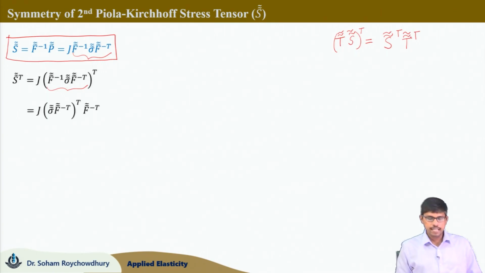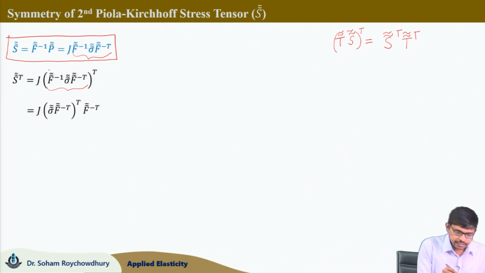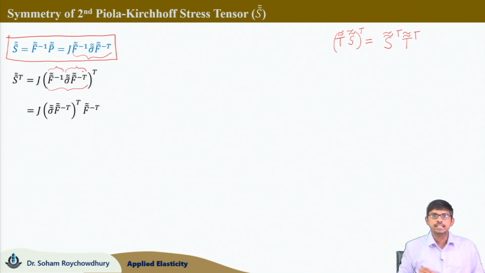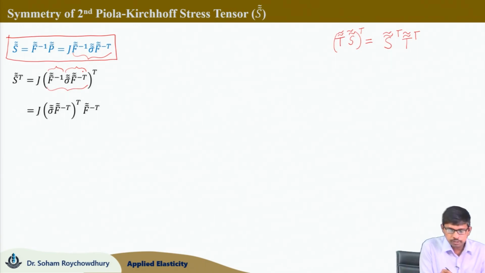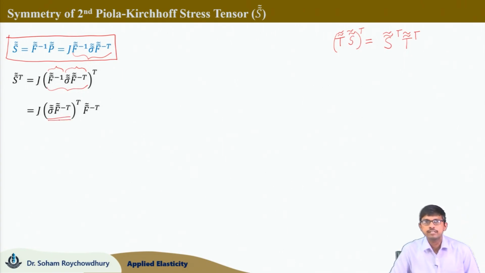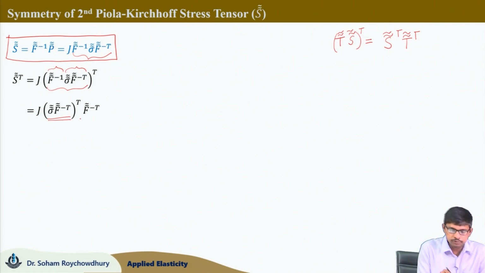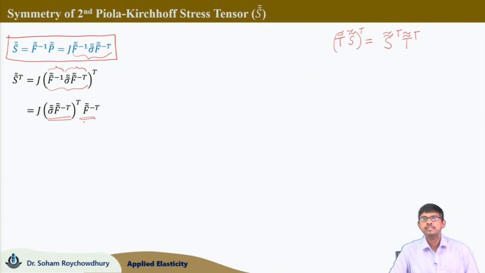So, using the same here, considering F inverse to be one tensor and sigma times F inverse transpose to be another tensor, S transpose can be written as J times the transpose of the second term first, that is the transpose of sigma F inverse transpose, and then the transpose of the first term, that is the transpose of F inverse.